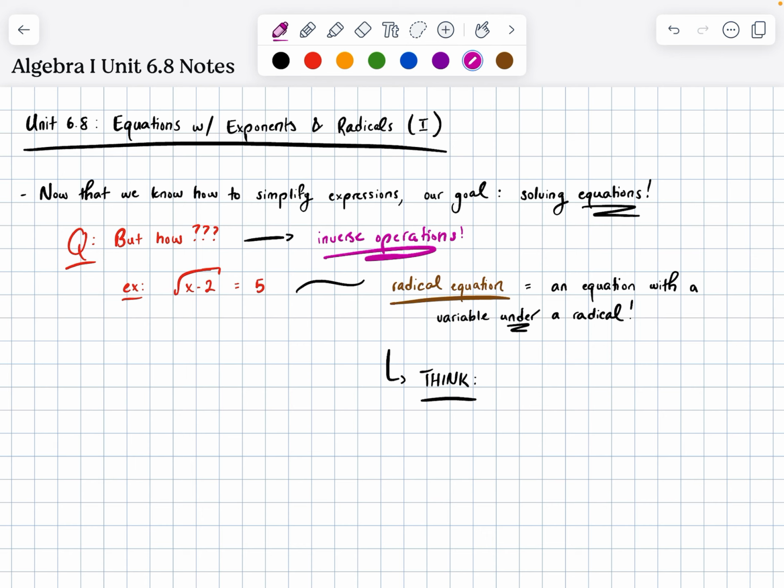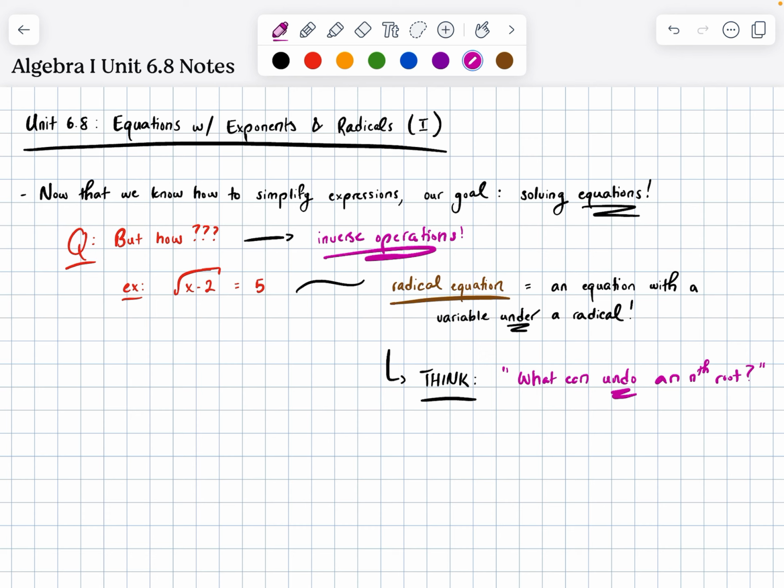So the question that we now need to ask ourselves is, if I want to get rid of that square root, I need some kind of inverse operation. So what do you think I could use to undo, in this case, a square root, but really any nth root?